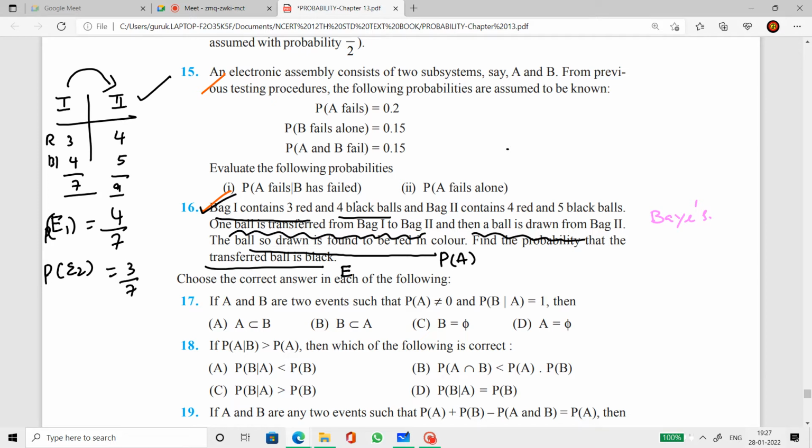Now what is A? A is selecting a red ball from bag 2 after the transfer. Now A given E1: the transferred ball is black and then you select a red ball.